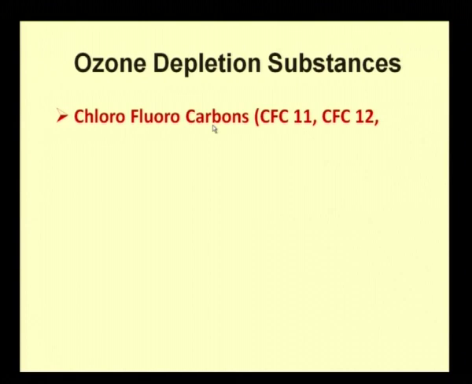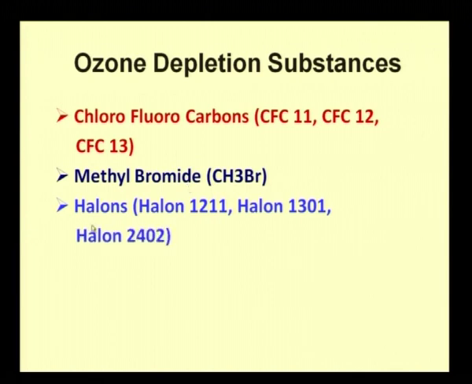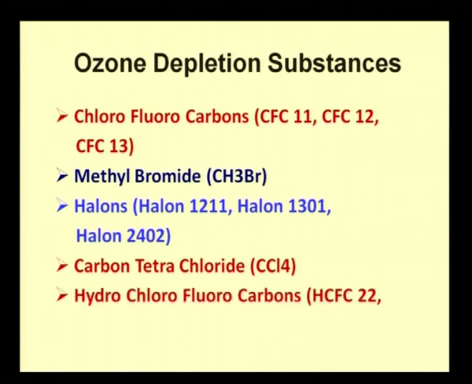The chlorofluorocarbons CFC 11, 12, CFC 13, and methyl bromide CH3Br, and halons, halon 1211, halon 1301, and halon 2402, and carbon tetrachloride CCl4, and hydrochlorofluorocarbons, that is HCFC 22 and HCFC 123. And therefore, these are some of the major components causing ozone depletion.